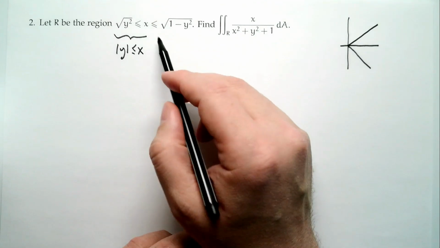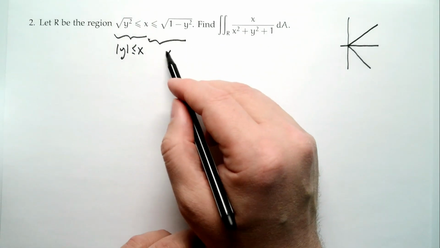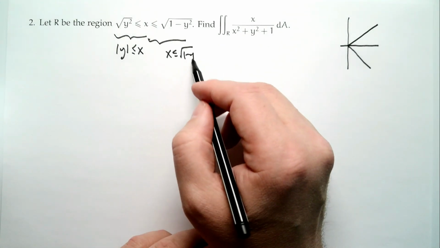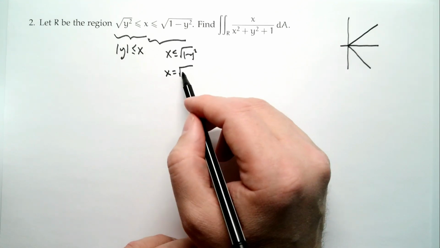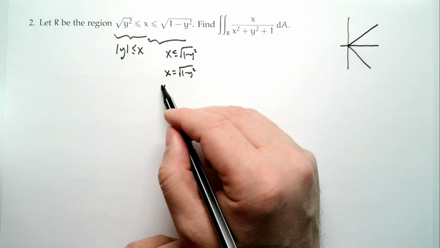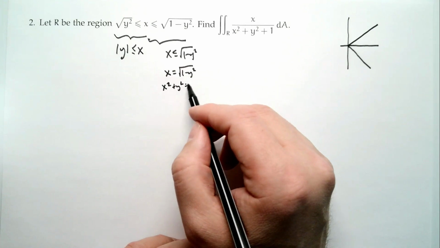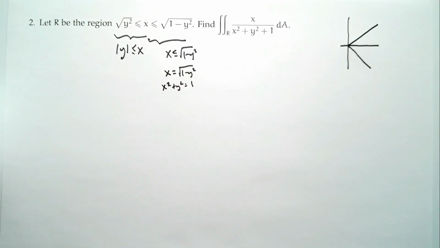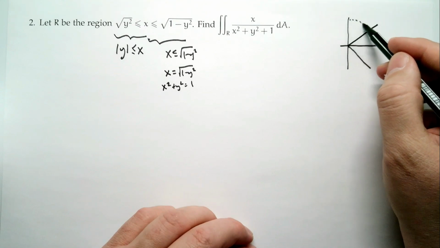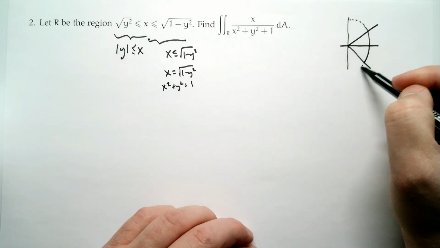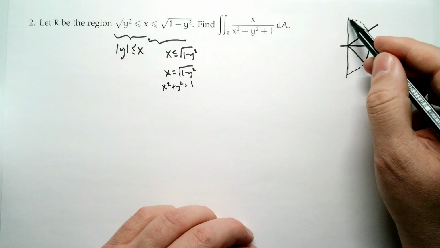There's this other piece. x is less than or equal to the square root of 1 minus y squared. Well, if we were to look at x equals the square root of 1 minus y squared, that's x squared plus y squared equals 1, because you square both sides, add the y squared, which tells us that there's going to be a circle, in fact, a circle of radius 1, the unit circle.